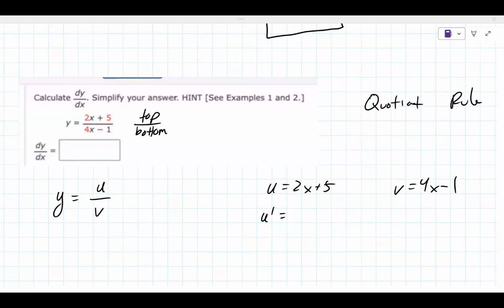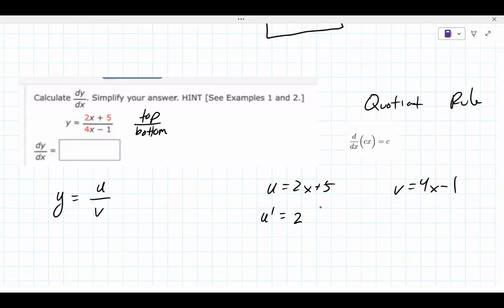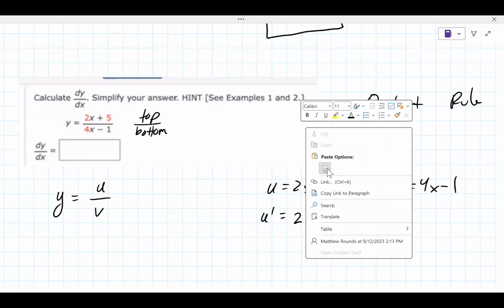It's in the common derivatives section here. The derivative of a constant times x is just the constant, so it's just 2. What is the derivative of a constant? It is zero. That's the other one that comes into play.